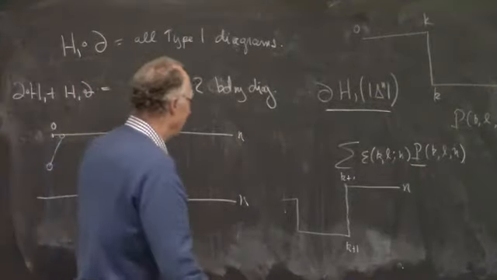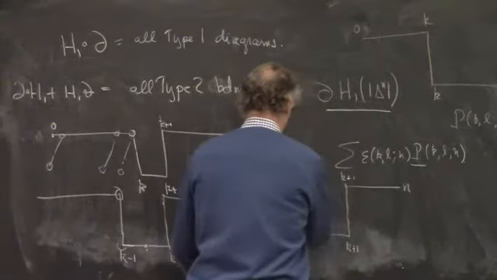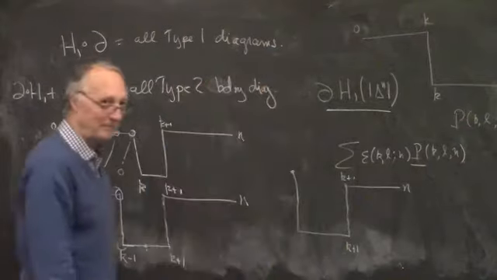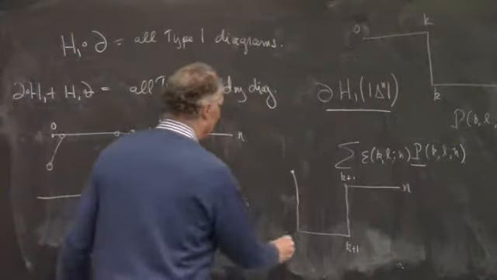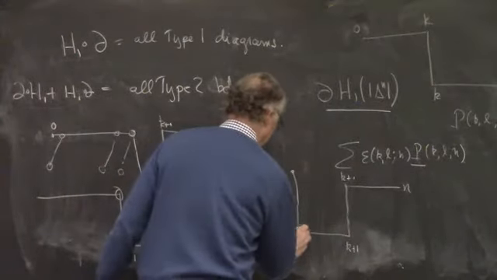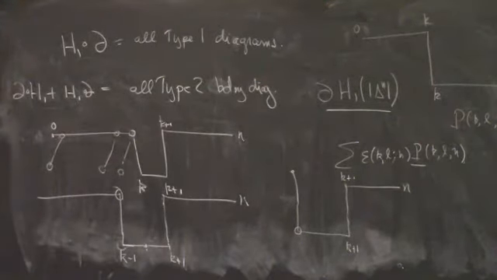And so the last diagram you get is when this is 0. And you delete it. The operator.